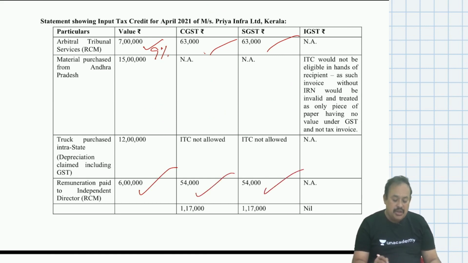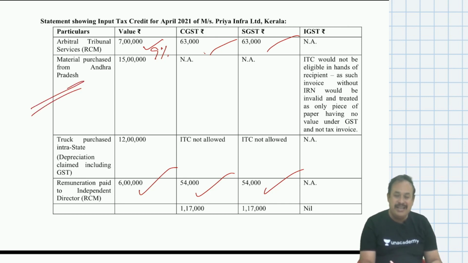Of course, material purchase from Andhra, from Bahu Steel, where invoice is mandatory, e-invoice. If e-invoice is not there with IRN, invoice reference number, then ITC is not allowed. ITC would not be eligible in the hands of the recipient as such.